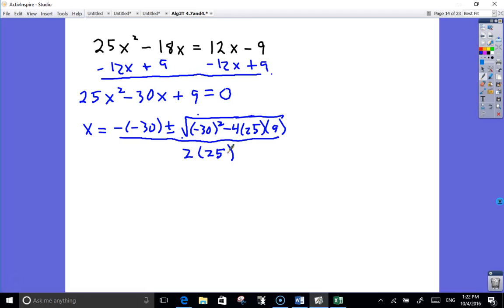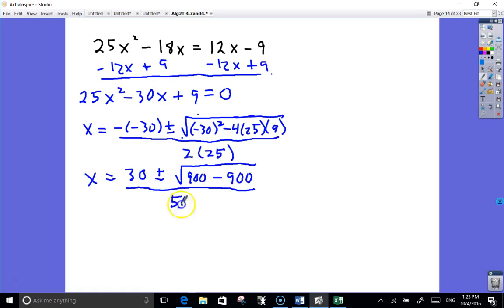If you have to solve with the quadratic formula, you should show the step where you plug everything in correctly, so I can track it that far. Now I simplify. X equals 30 plus or minus the square root of, what's -30 squared? 900. What's 4 times 25 times 9? 900. Oh, well, that looks special.